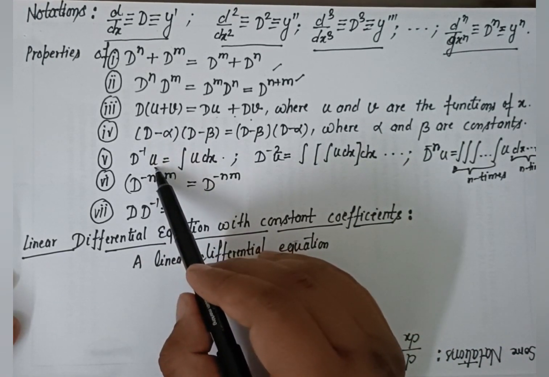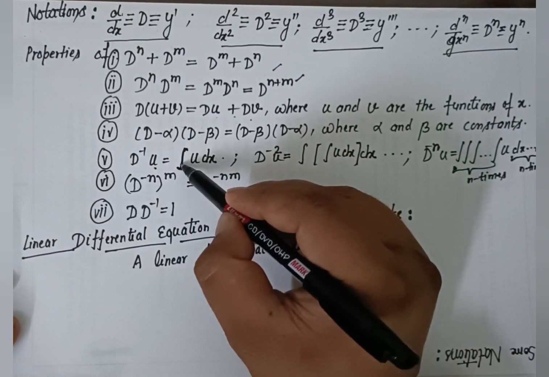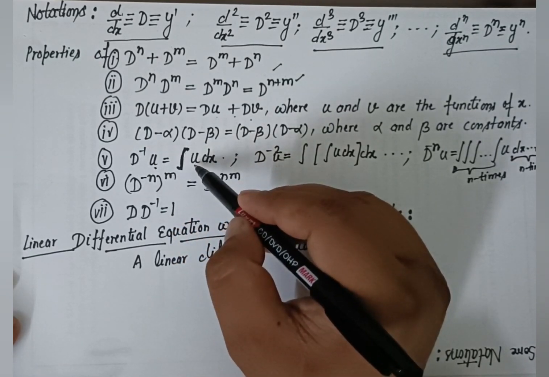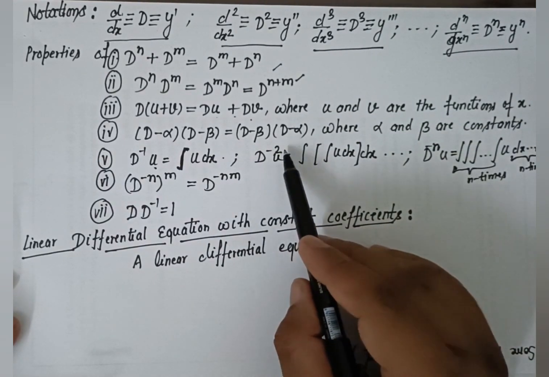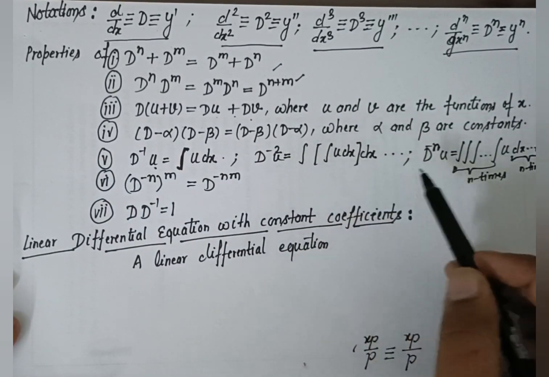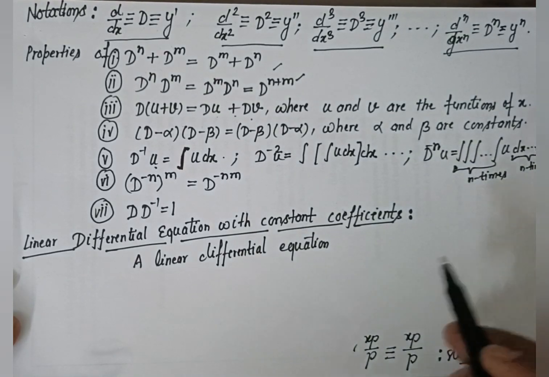Now D inverse u can be written as the integral sign, okay. D inverse means integral sign, okay, of u dx. So similarly D to the power minus 2 means double integral of the function u. D to the power minus n means n-time integrals of u, okay.